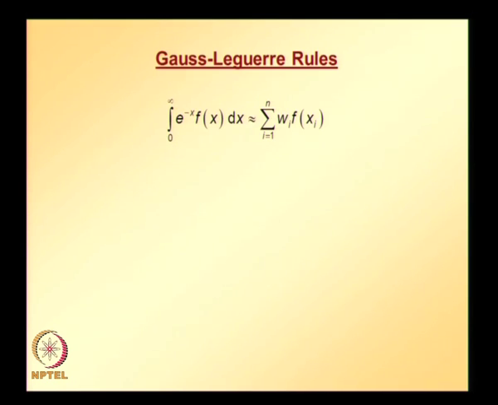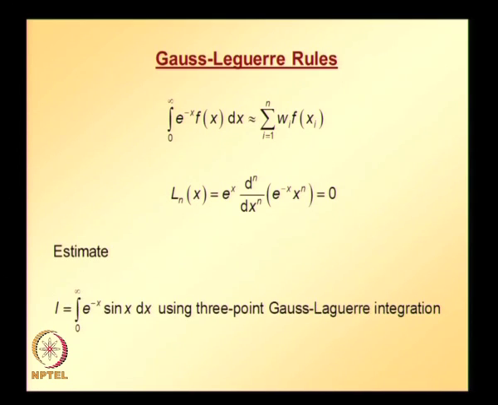And why this word Laguerre? Because here it turns out that the locations of integration points are roots of this polynomial, Laguerre polynomial, that is why it is called Gauss-Laguerre rule. Let us see how we can evaluate this integral 0 to infinity e power minus x sin x dx using 3-point Gauss-Laguerre integration.